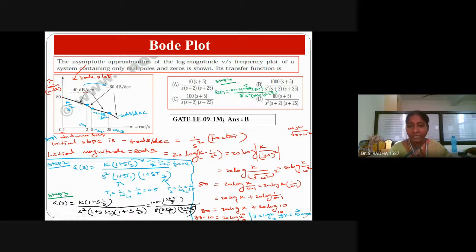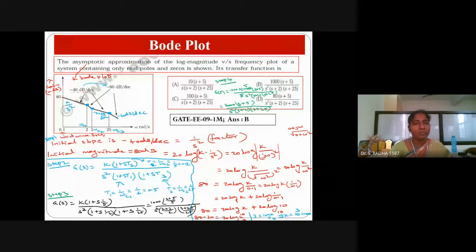I have done some mistake somewhere. 1000 into 2 is 2000, so 2000 is the constant. Otherwise all the values are correct. So I am getting 2000 times s plus 5 in the numerator divided by s square into s plus 2, s plus 25. Only in the calculation I might have made a mistake. You kindly check.